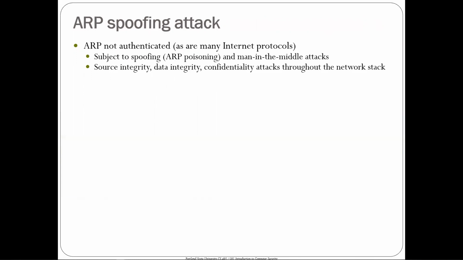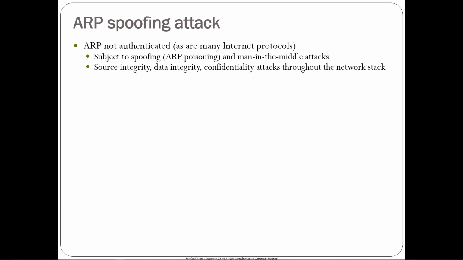It's called ARP spoofing. So ARP is not an authenticated protocol. So there is no source integrity being done, or well, integrity, I guess you could say, is kind of being done by the data link layer, but there's no source integrity being done in the protocol.